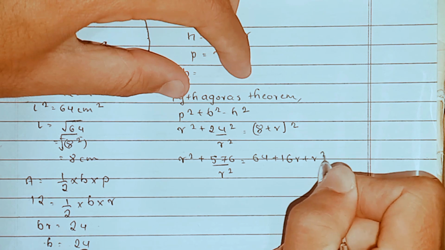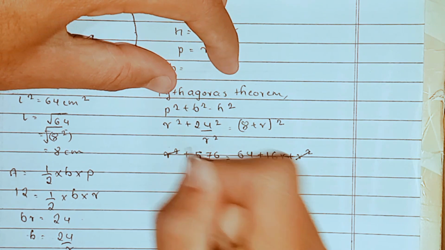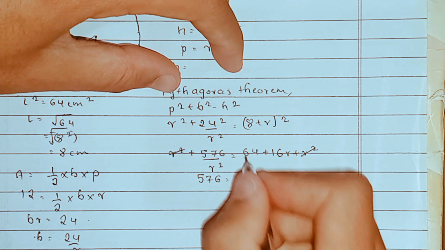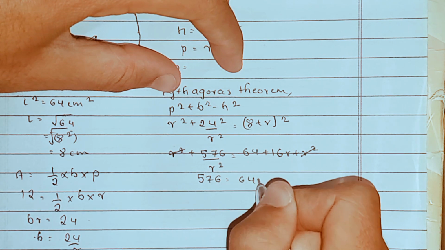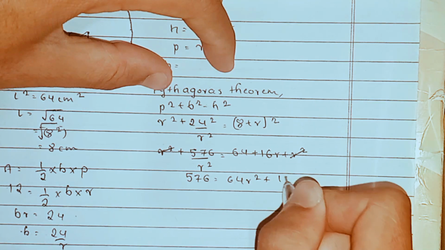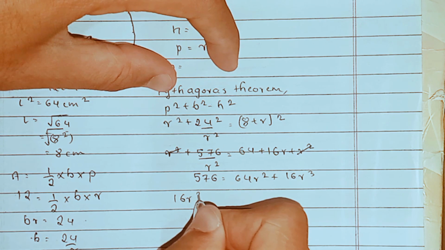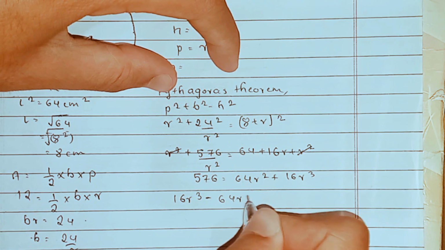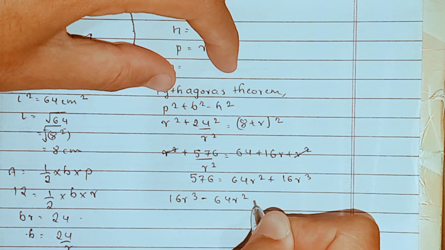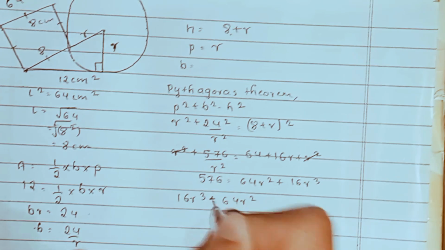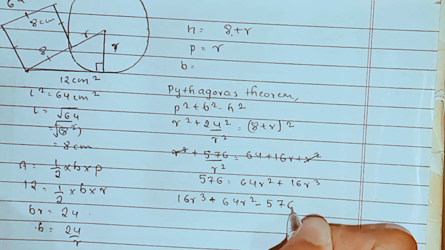We will cancel out the r square. Now r will multiply the other side, so we get 64 r square plus 16 r cube. So 16 r cube plus 64 r square minus 576 is equal to 0.